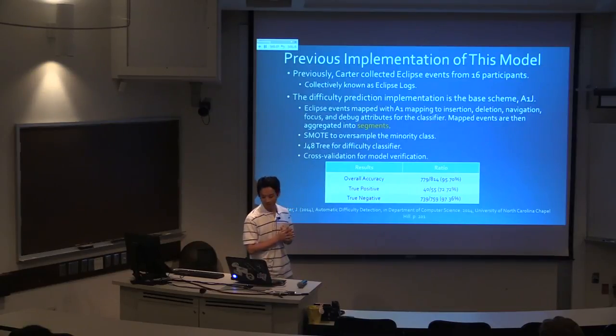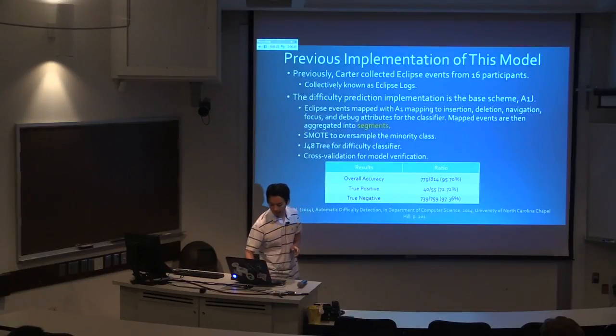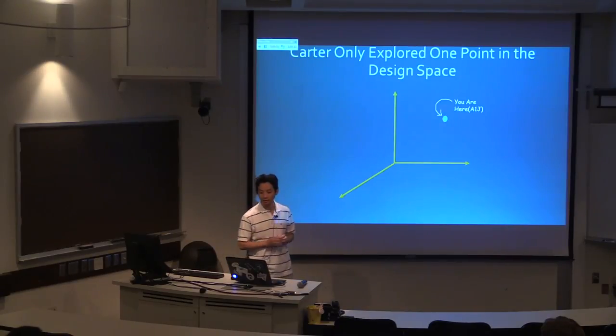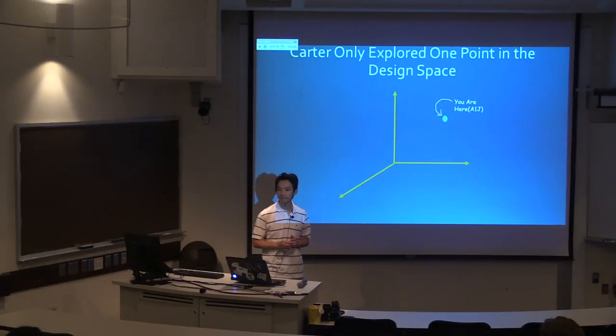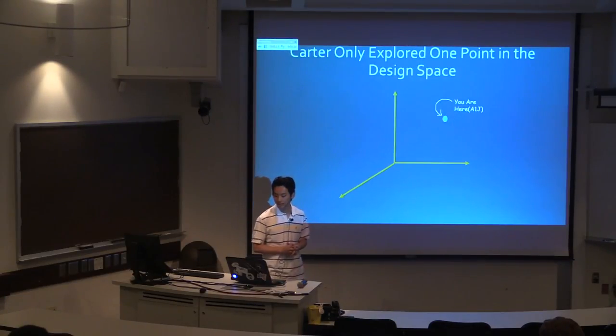As you can see, according to cross-validation, the result is pretty good. We had a 95% overall accuracy, and a pretty decent accuracy for true positives. But he only explored one point in the design space. What I seek to do is explore every dimension of the design space and find the classifier that can best predict true positives, true negatives, and improve upon the great base that Jason had.